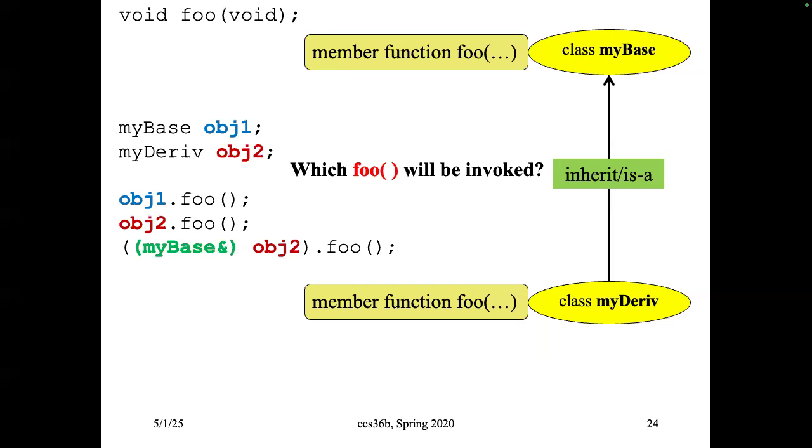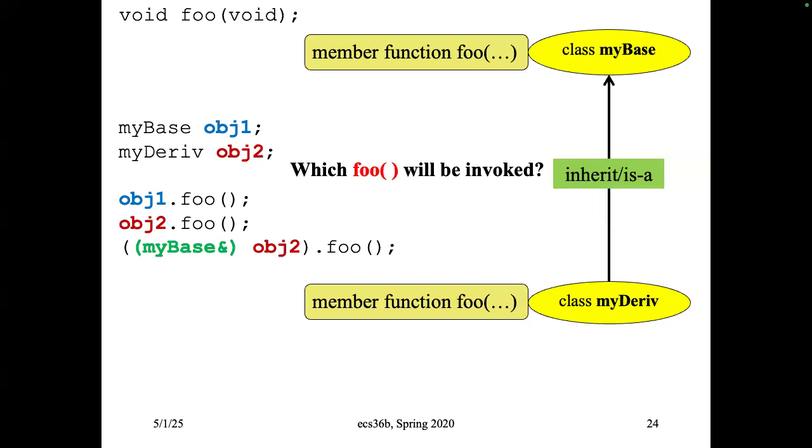So now you see why casting is important. Now I'm going to do casting. So assuming the classes are called my base and my derive, I create an object called object1 based on base. My base object1, that means obj1 is my base object. And then my derive, I create another object called obj2.